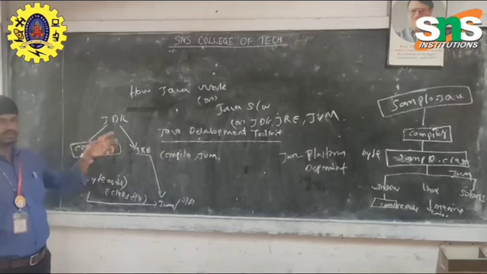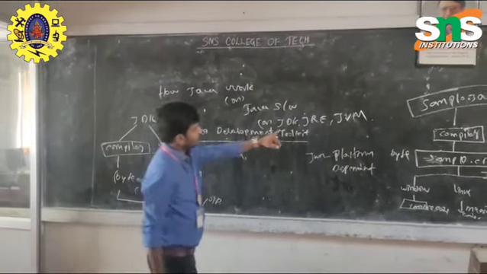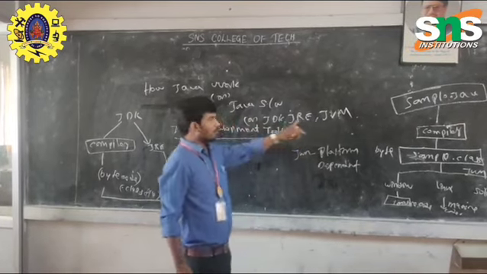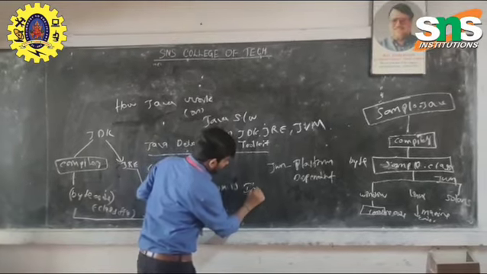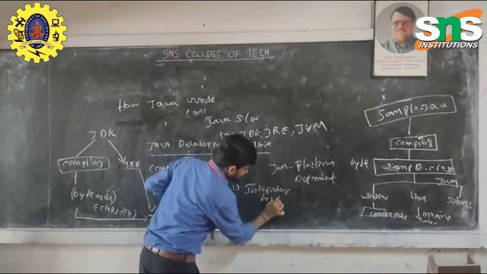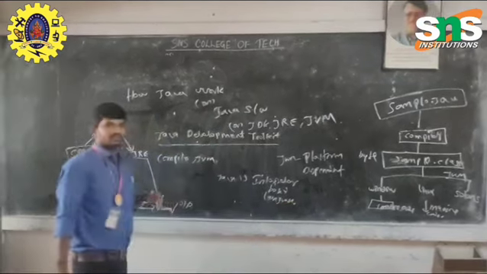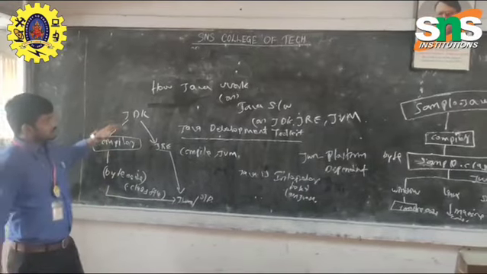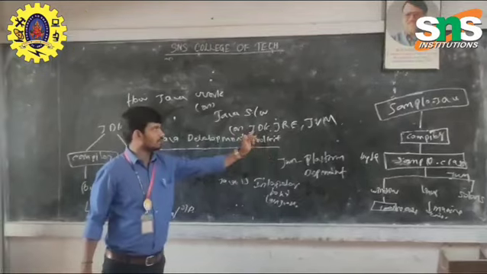Then last, it generates the output. So based on these JDK and JVM, Java is an interpreter based language. So this is how Java works in the JVM, JRE and JDK.